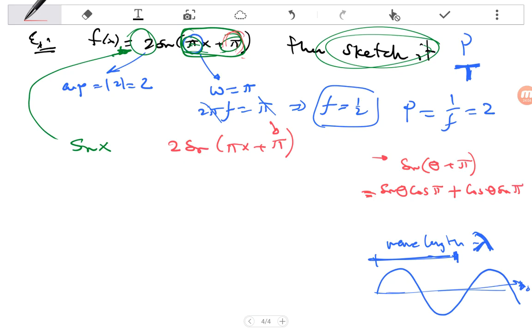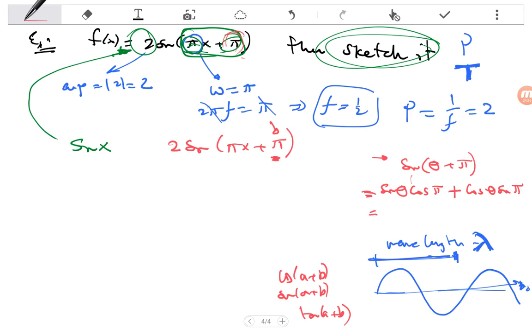If you can't remember, check the last lecture and you will find there are 3 laws: one for cosine of A plus B, another for sine of A plus B, and another for tan of A plus B. These laws must be memorized and you must know how to apply them. Whenever I have an angle like this, we can simplify it by these laws.